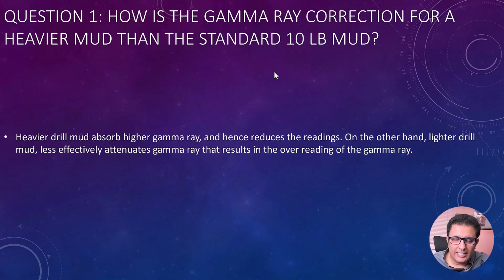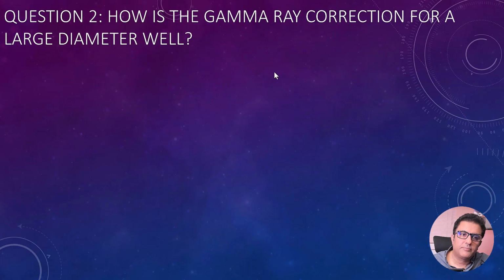If we use heavier drill mud, gamma rays in general are attenuated more in denser material, okay? So if the drill mud is heavier than the standard drill mud, we should see higher attenuation of gamma ray. So we're going to have underestimation of gamma ray. So this is how we should apply our corrections: we should increase the reading of gamma rays.